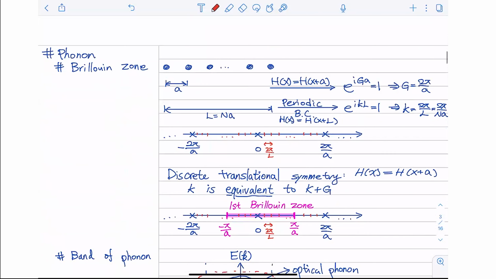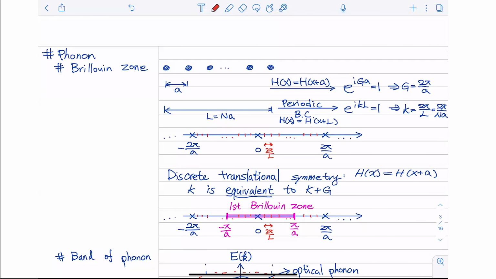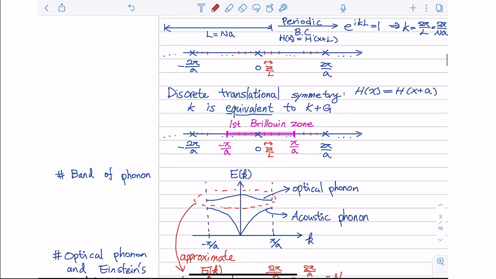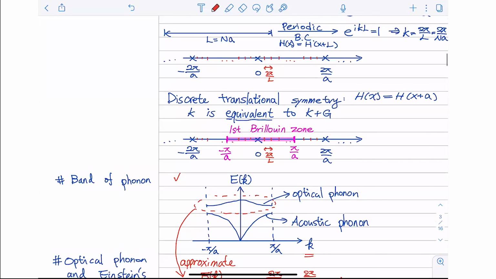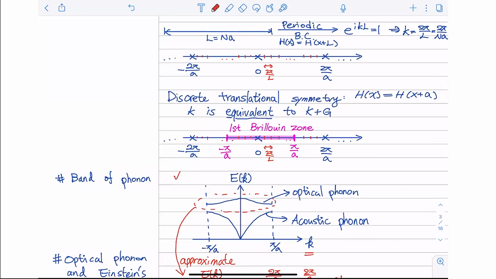And then we have a very quick overview of the idea of the Brillouin zone. The reason that we want to introduce the Brillouin zone is that when we look at a solid state textbook, or when we are trying to discuss phonons, we usually will have this kind of plot where the horizontal axis is k, which is the wave vector, or the reciprocal lattice vector, and the vertical axis is usually the energy of the corresponding k value.